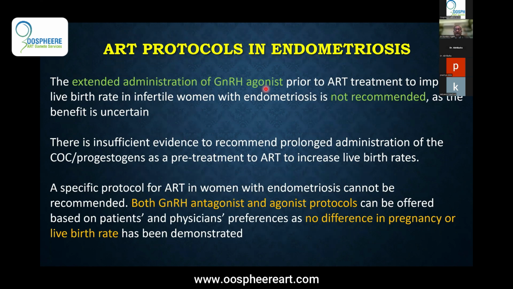Now, what does the evidence say about this ultra-long, extended protocol of GnRH agonist in endometriosis prior to ART treatment? To improve live birth rate, it is not recommended.